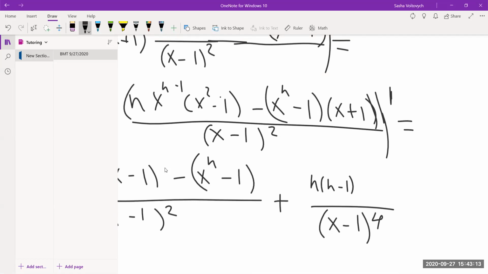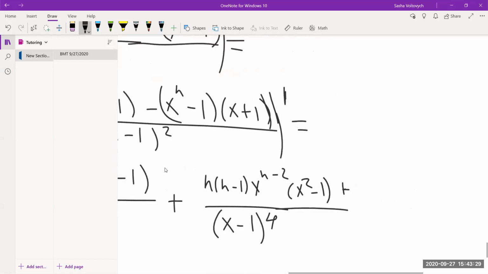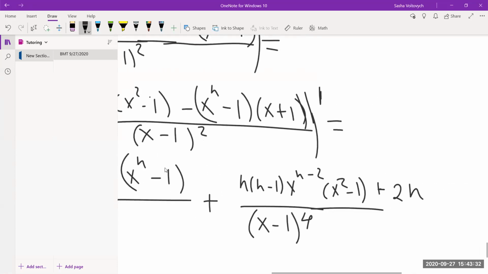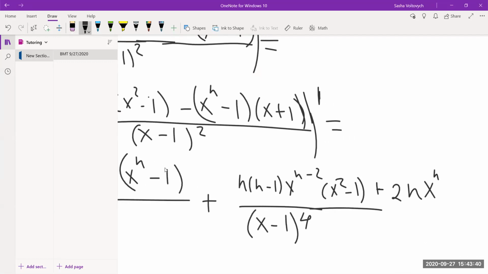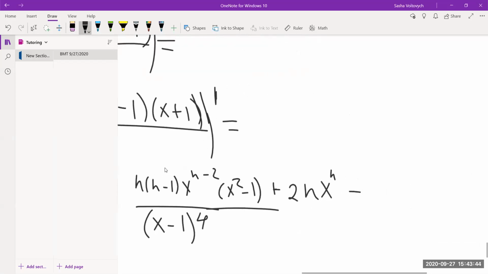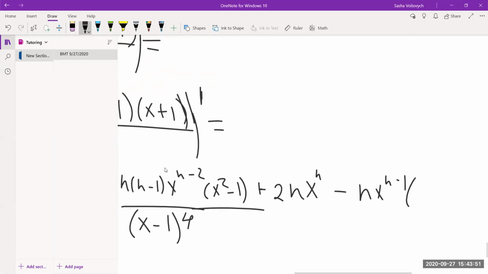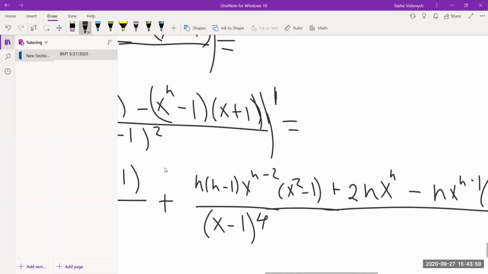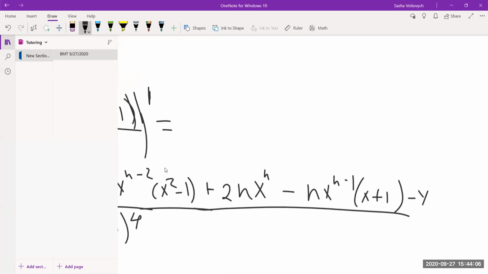This will be n times (n - 1) times x to the power of n minus 2, times (x squared minus 1), plus 2n times x to the power of n, minus n times x to the power of n minus 1 times (x + 1), minus x to the power of n minus 1.